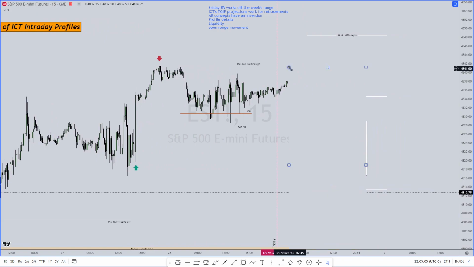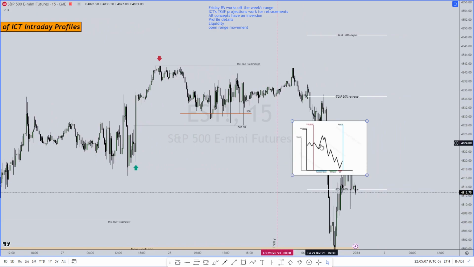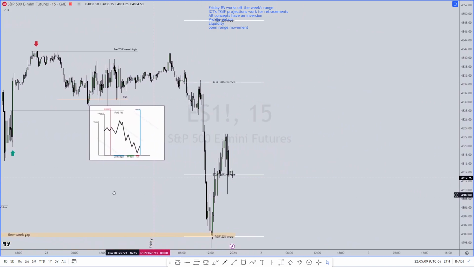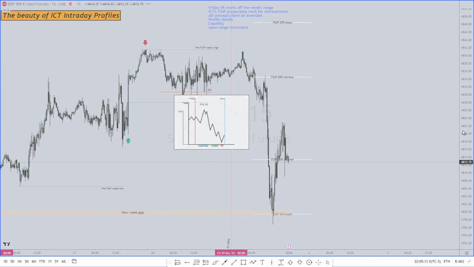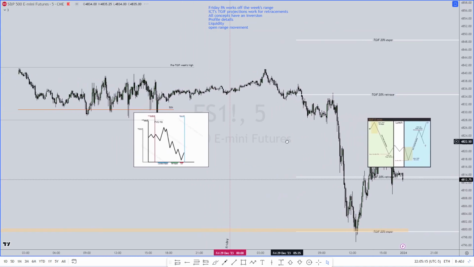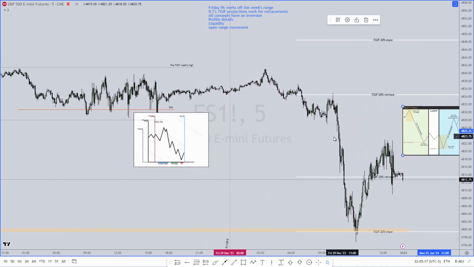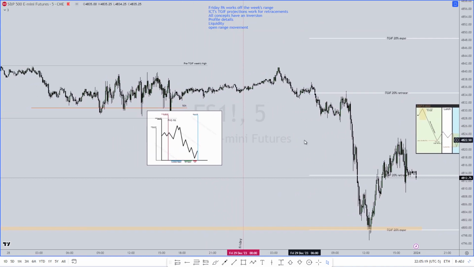So here's what price did. These were the two profiles that were being used. Let's go down to 5-minute. And we're going to track these two profiles, and you can just see already the beauty of these extensions and retracements. This retracement seemed to be promising.